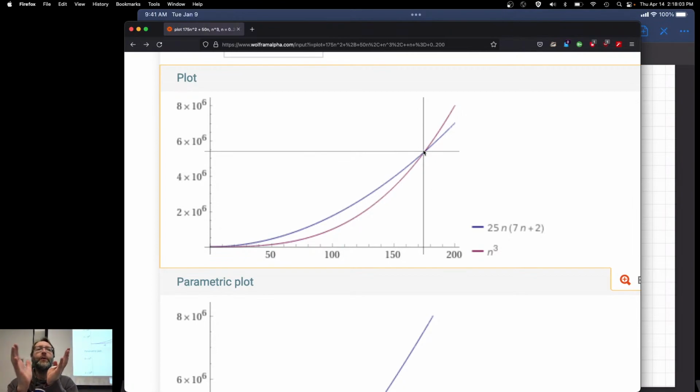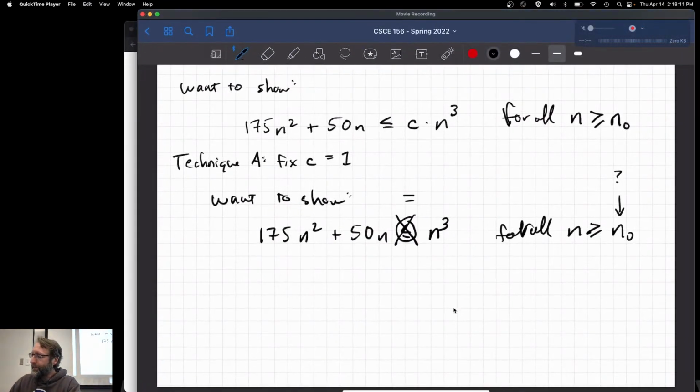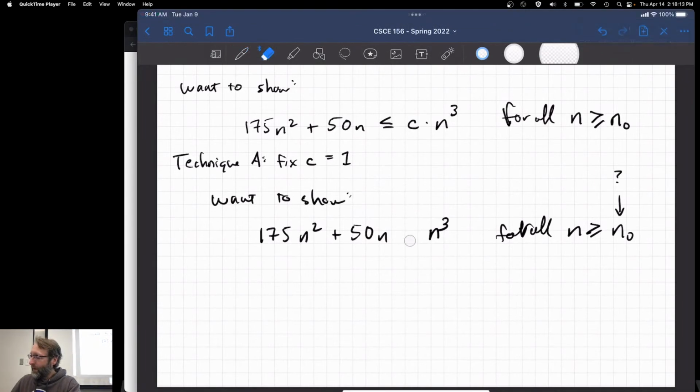You set them equal to each other and you solve for x, or in this case n, because I've named it n. Okay? I've set them equal to each other. Now all I need to do is find n. Help me out, algebraists. This is algebra. This is just arithmetic with variables, which is what algebra is.